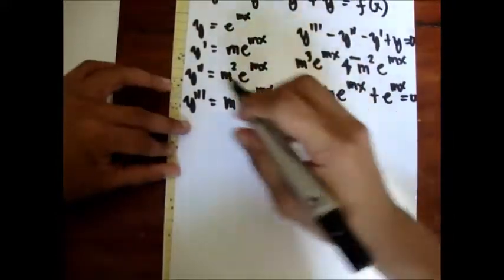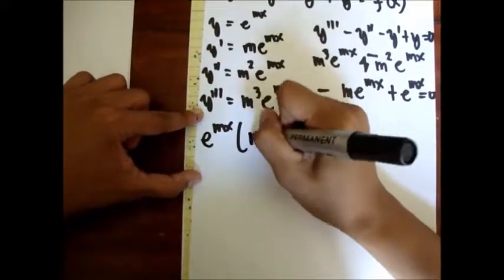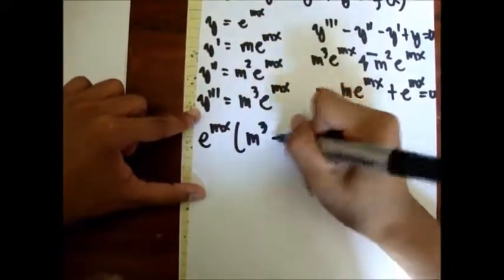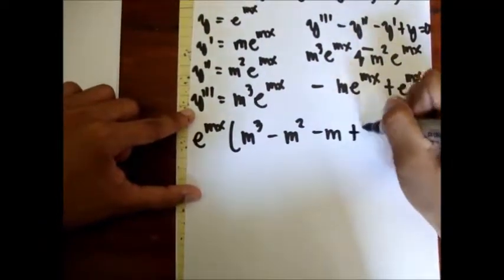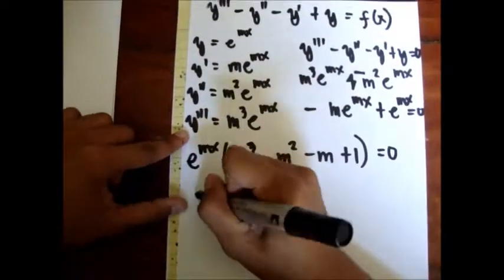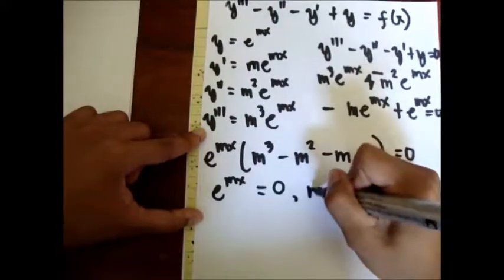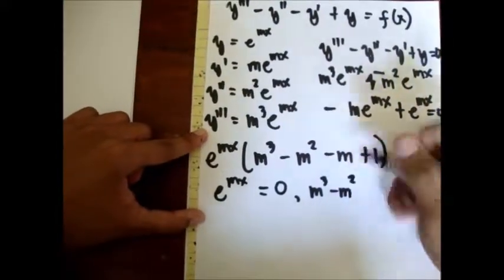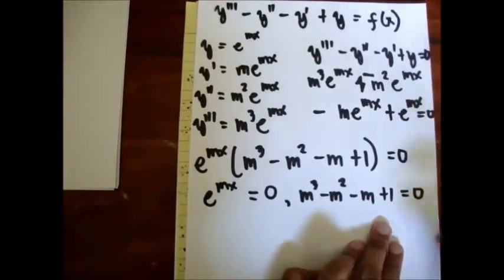So we will factor out e raised to mx, so we get m cubed minus m squared minus m plus 1 equals 0. So e raised to mx equals 0, then m cubed minus m squared minus m plus 1 equals 0.